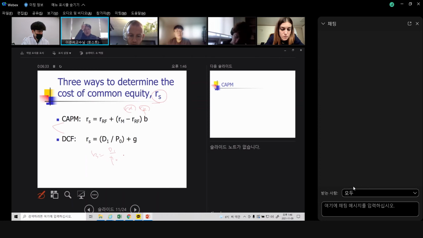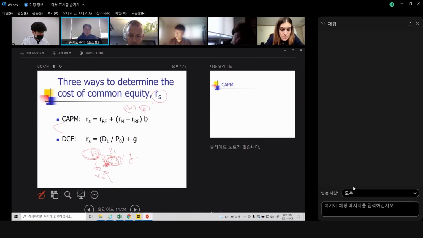But if the company does not use the retained earnings and instead issues new securities, which sends a bad signal to the market, then the stock price goes down, right? Then this RS is changed to RE, because we assume that the company issued new securities, the stock price goes down, and then RE goes up rather than RS.